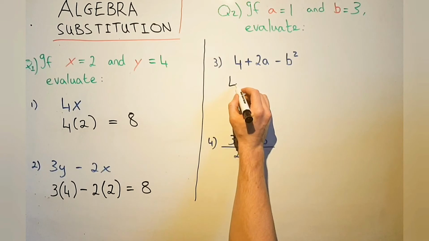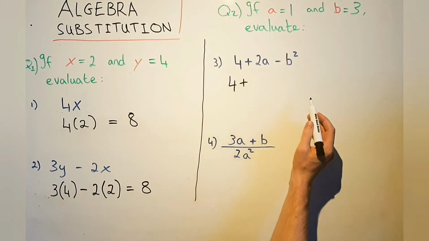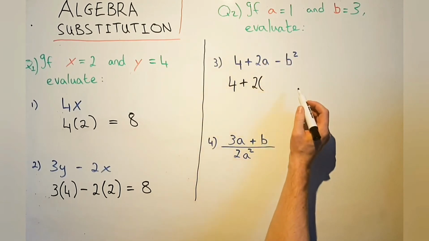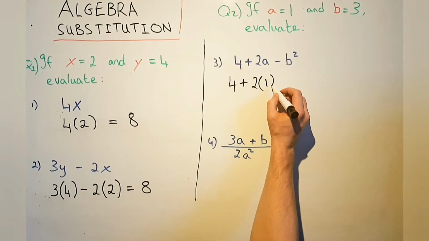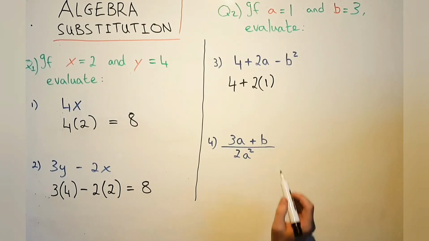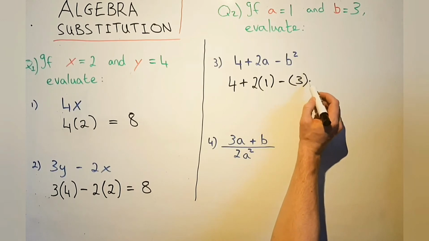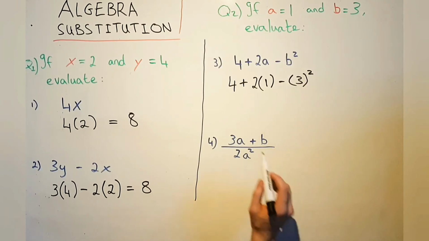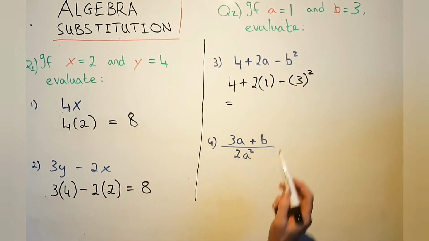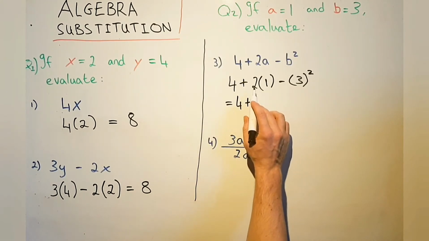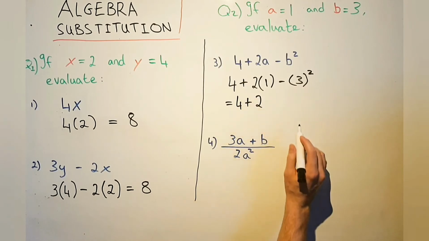Writing this explicitly with the values included, we have a 4 plus 2 multiplied by a, which we know to be 1, as it says in the question. Then we have a minus, and we know b to be 3, and that is to be squared. Now once again we have a numeric expression that just needs evaluating. So 4 plus 2 multiplied by 1, that's 2.